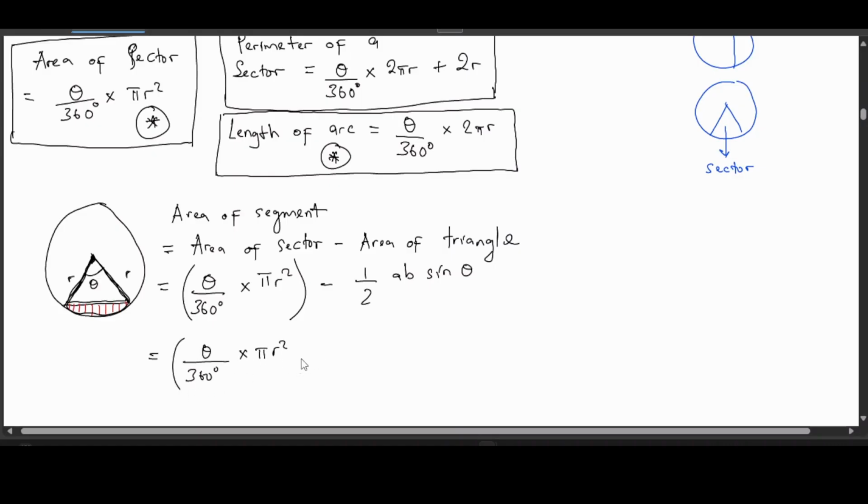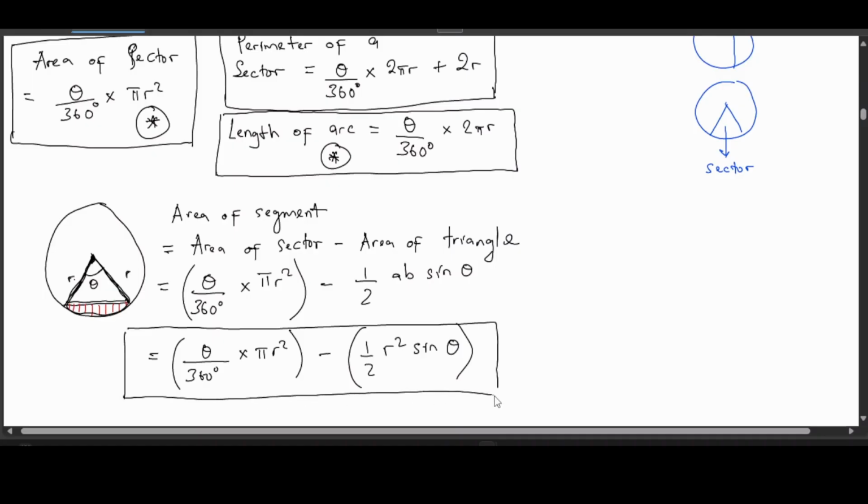So we put brackets, minus half of a and b, which are r and r, because they are the lines making the angle, so it's just r times r, which is r squared. So half r squared sine theta. And I will leave it like this. You can simplify this to be simpler, but I don't do that. Some books do, I don't, because I don't want your heads filled with many formulas; you should know how they are derived. So that is the formula that works for finding the area of a segment.